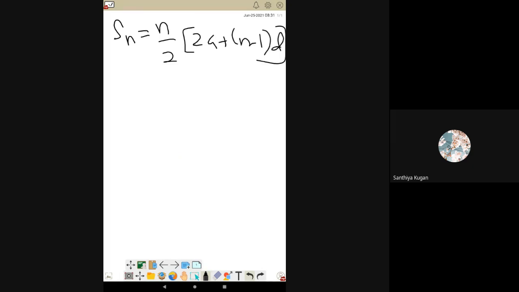Okay, so this is the sum of an arithmetic progression. Teacher, what page? Page 138. Okay, teacher. Okay, thank you.